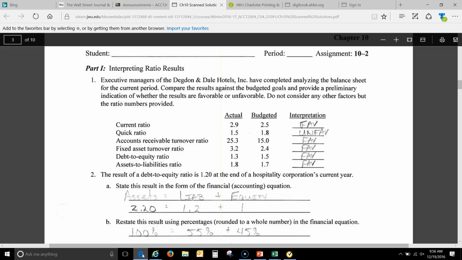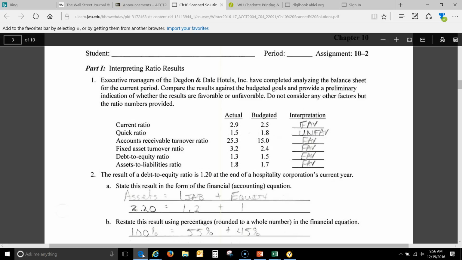But again, remember, sometimes, depending on what the ratio is, lower is better. In this particular case, higher is better. All right? So again, let's take this one step further. With this comparison actual to budget, we've got an unfavorable variance. What if last year was 1.4?